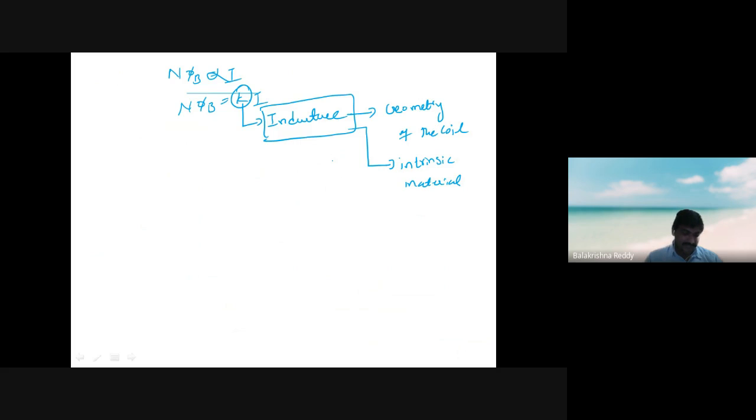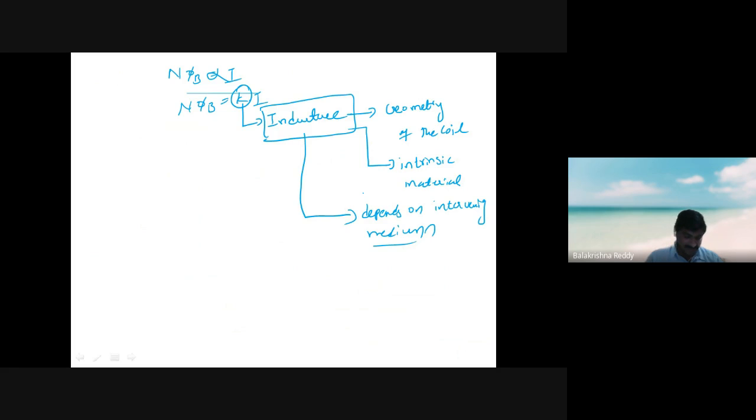So from material to material the inductance differs. It also depends on the intervening medium, the medium surroundings where you do the experiment. That's why we call it an intrinsic property of the material.